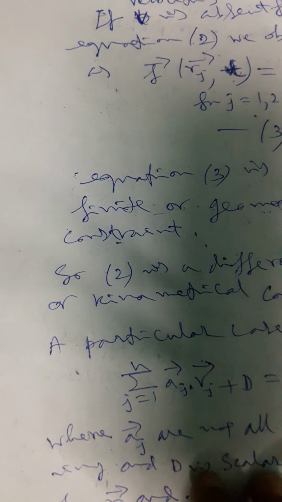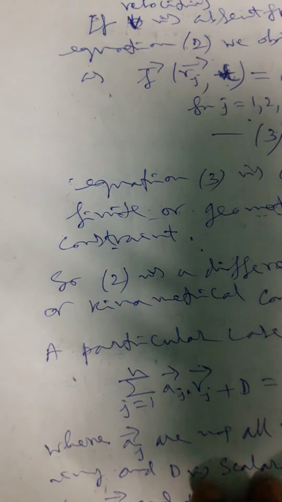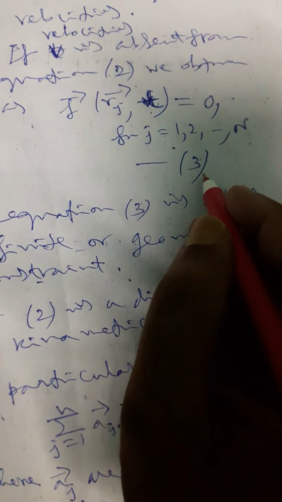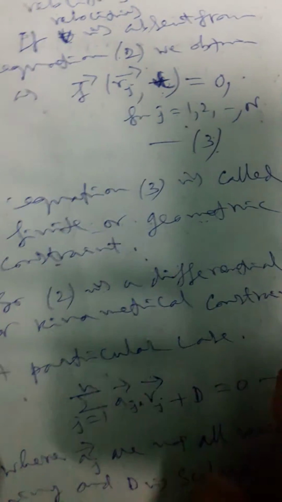Now if we recall the geometric constraint, that means velocity is absent from equation number 3, in the stationary case we take del f del t equals to 0.